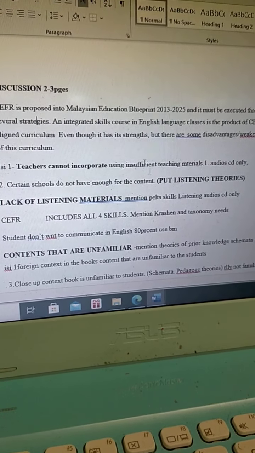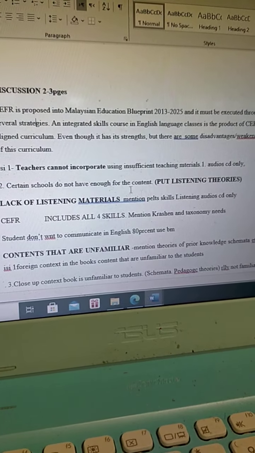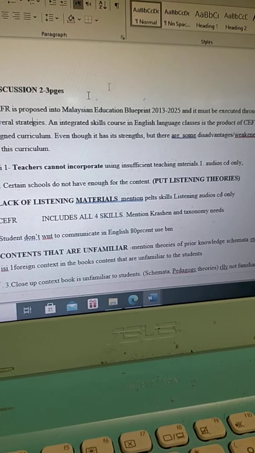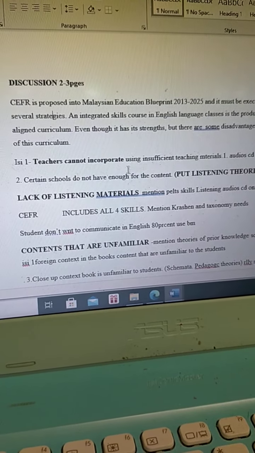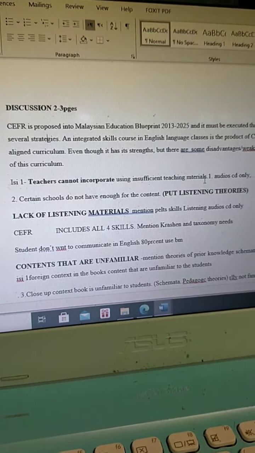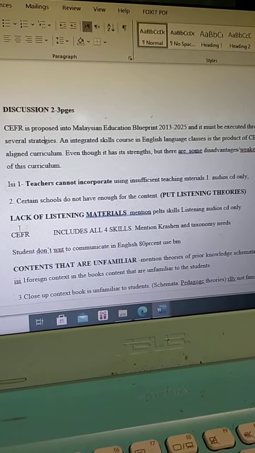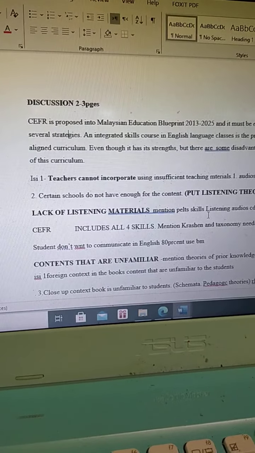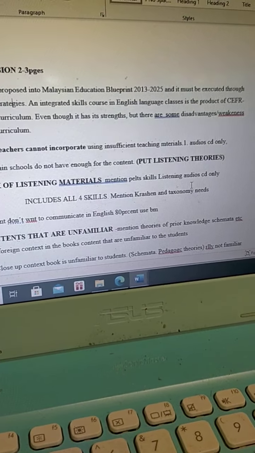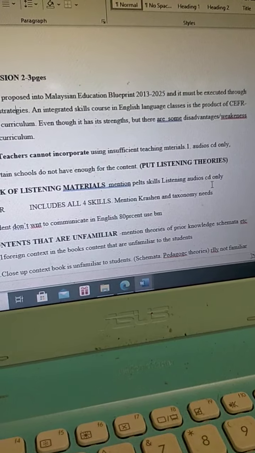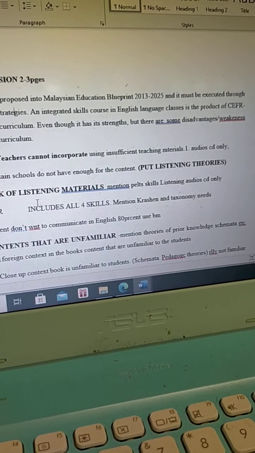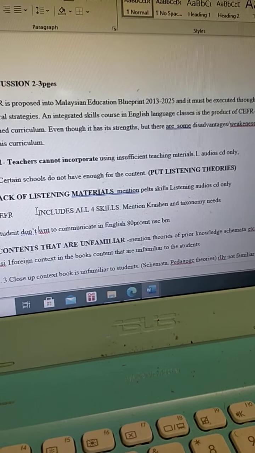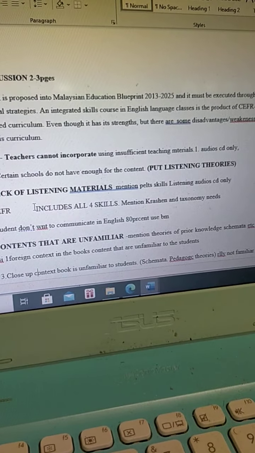So cikgu-cikgu berharap kepada buku yang disediakan, iaitu close out book. Tapi dekat buku tu pun insufficient teaching materials, because secondly it is lack of listening materials. Listening materials include audios. So cikgu-cikgu hanya terima audios daripada CD sahaja. So it is hard for them to find other materials related to listening skills.